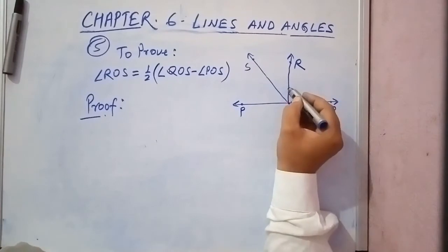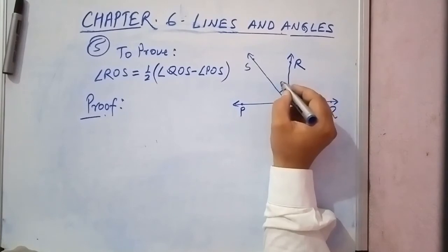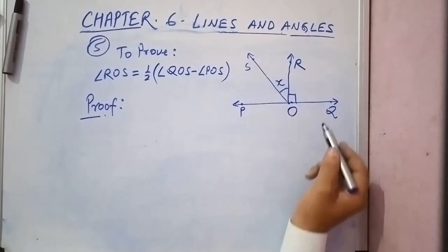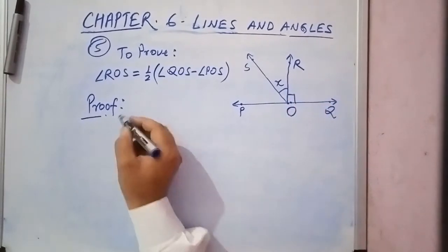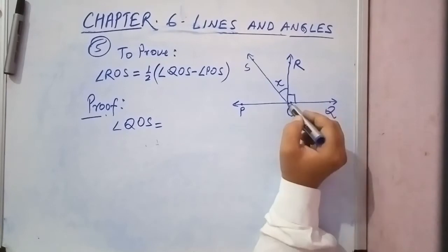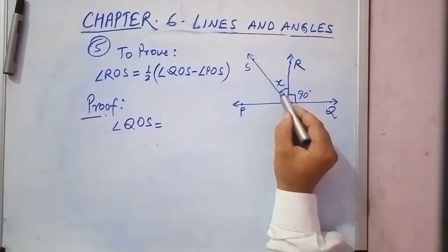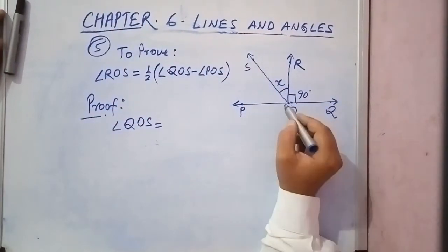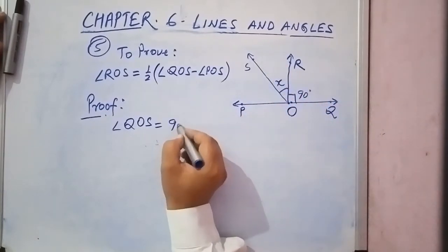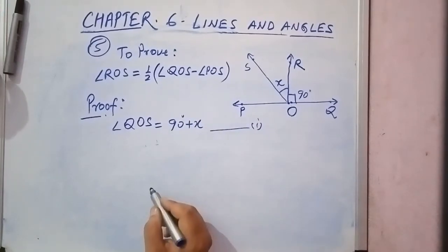Let this angle ROS be X. So QOS means this 90 degrees plus this angle X. So QOS equals 90 degrees plus X. Let this be the first equation.